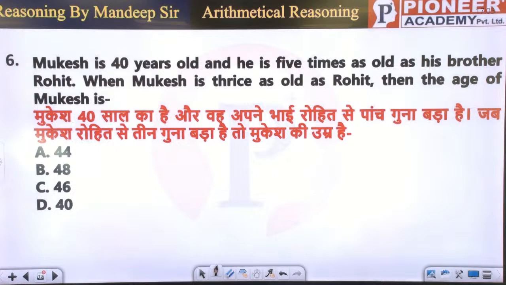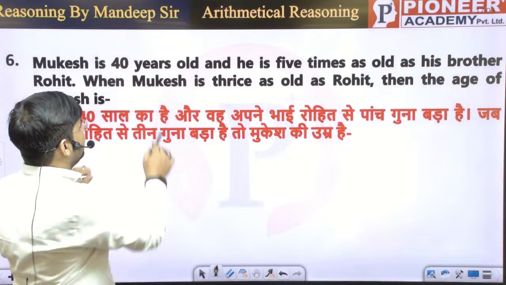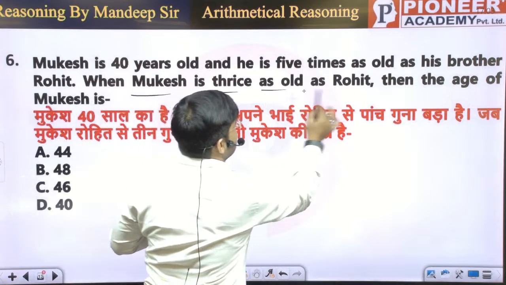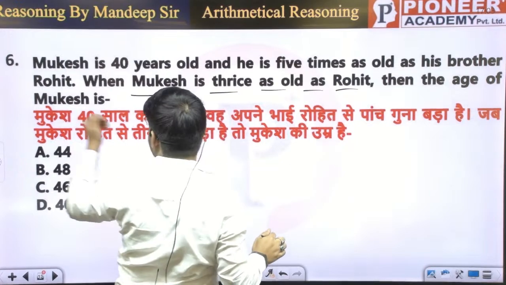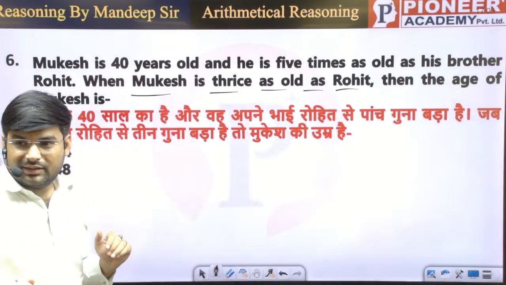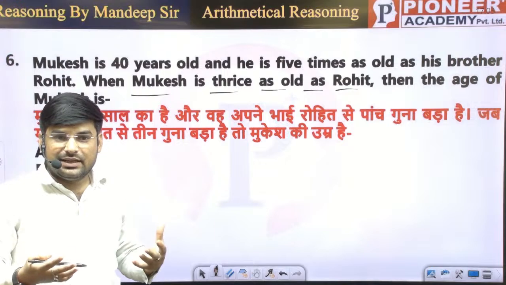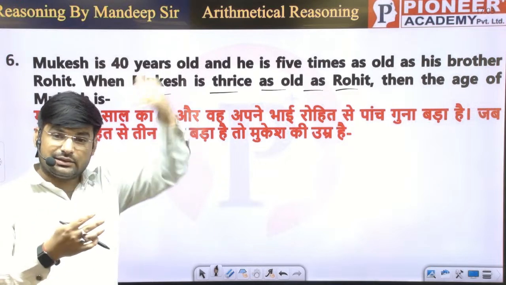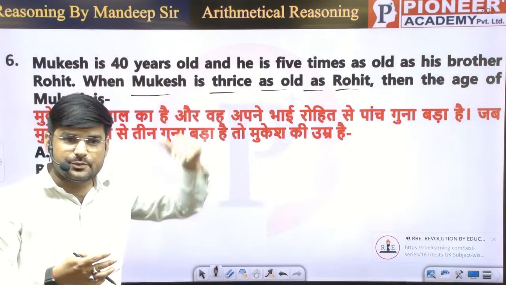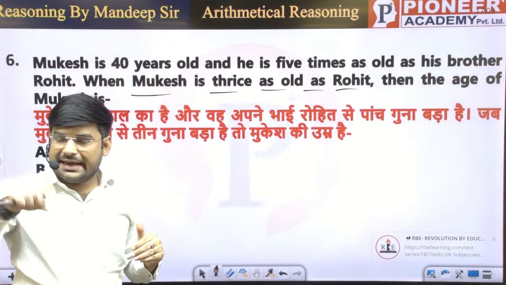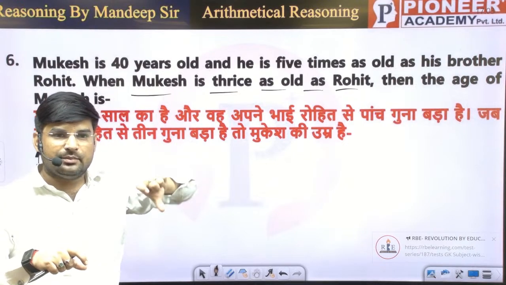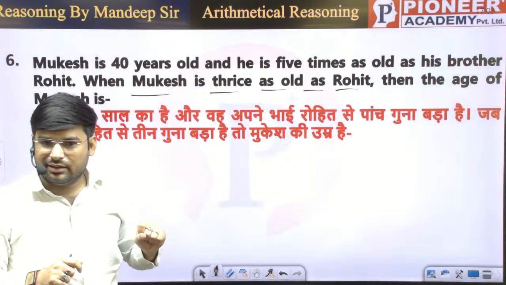No need to solve this question. If you read carefully, Mukesh is thrice as old as Rohit, so Mukesh's age is a number that can easily become 3 times of another number.